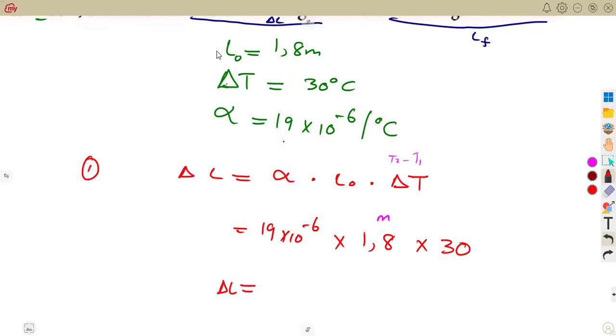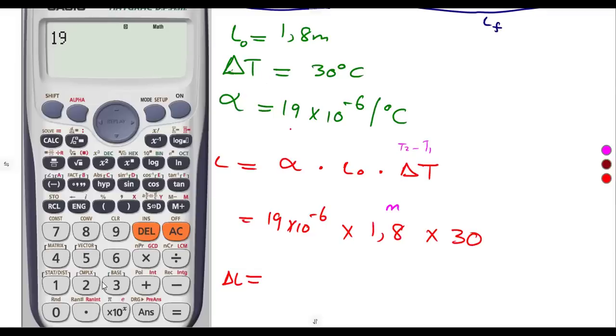I think that will be best. But as for me, let me show you something that is happening with this answer. If we simplify, it was 19 times 10 to the exponent of -6 times 1,8 times 30, like this. That was going to give us this value.